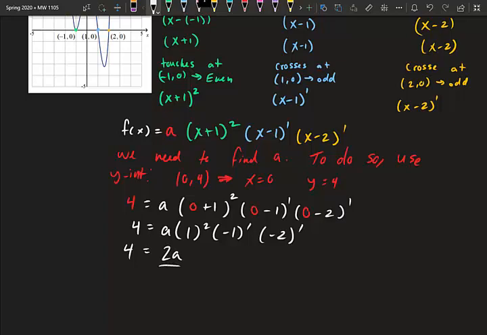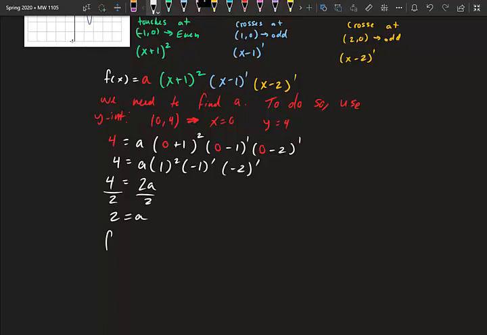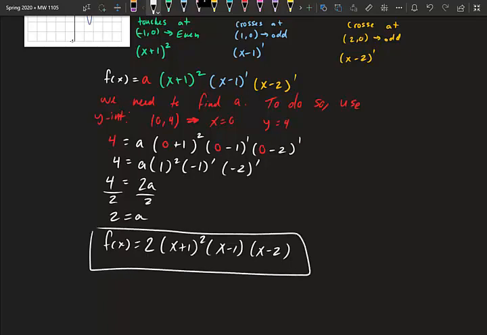And then divide by 2, so we get 2 equals a. So our final answer, we literally just plug it back in. We have f of x equals a, which is 2, times x plus 1 squared times x minus 1 times x minus 2. You don't need to FOIL for that homework or the test. That's how it's exactly going to be.